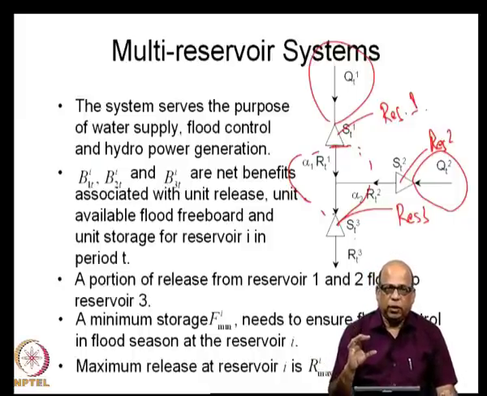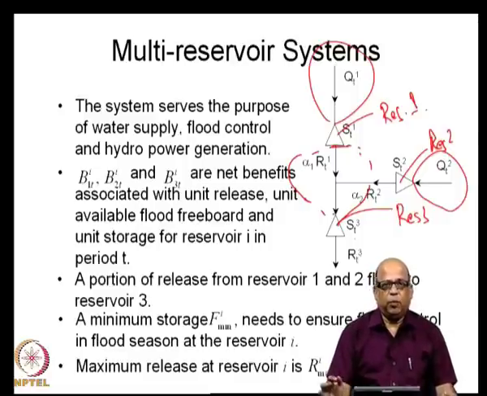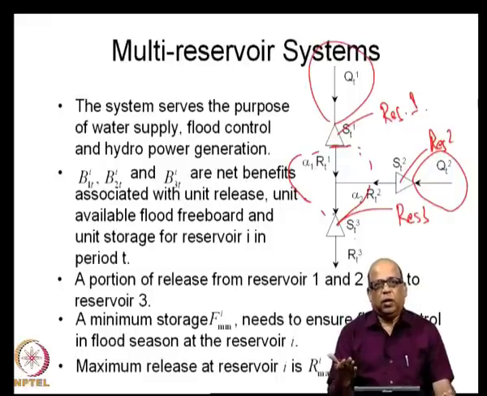You would like to at the same time maintain the flood freeboard to absorb the flood waters, and you would also like to make sure that your releases are such that they do not exceed a maximum value. This is the problem, and then you also have the net benefits associated.